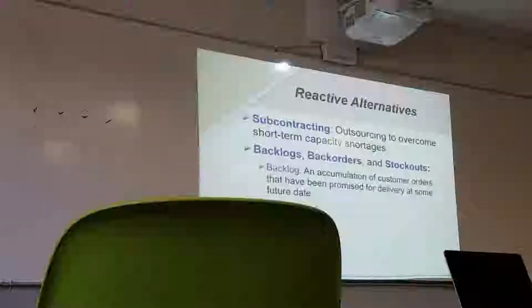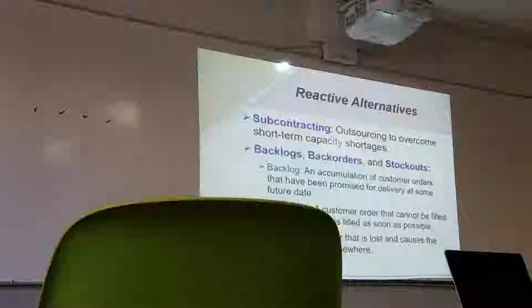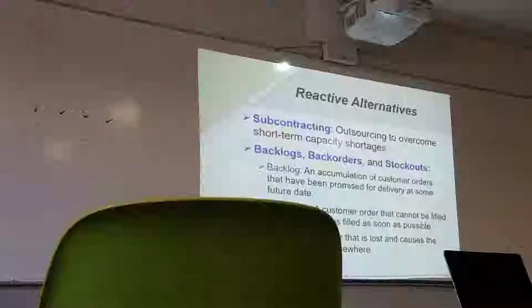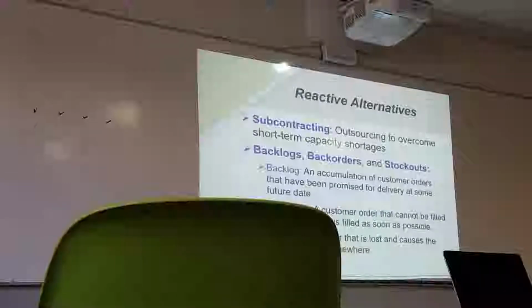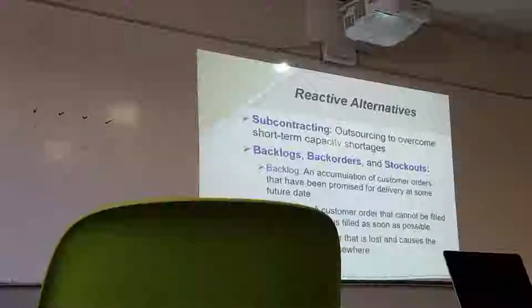We can also subcontract, we can have backlogs, back orders, or stockouts. Do you know the difference between back orders and stockouts? Back orders is when the customer comes, we don't have it, and the customer agrees to wait until the product arrives. The other one is a lost sale.